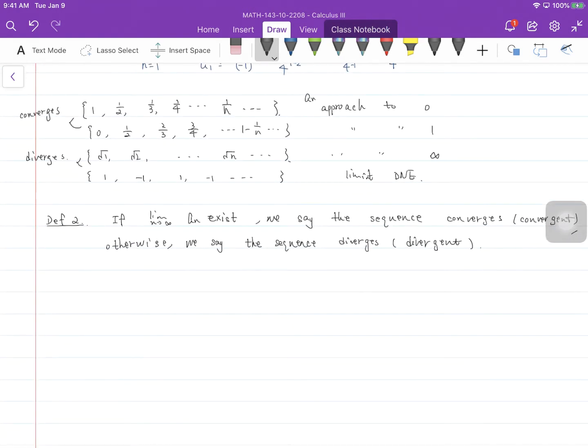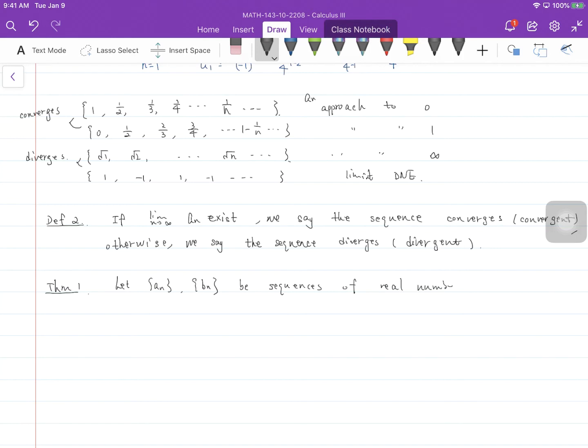Next is the limit rules, given by the theorem. Theorem 1. We have two sequences, a_n and b_n, sequences of real numbers.